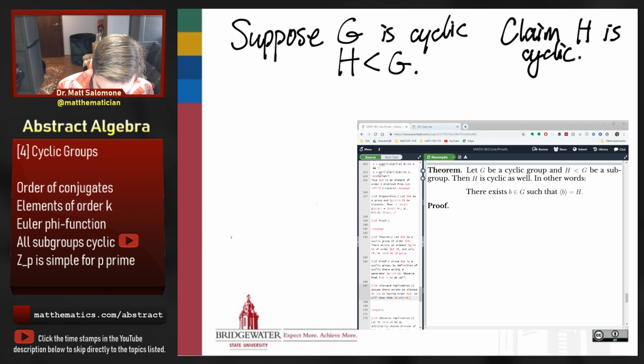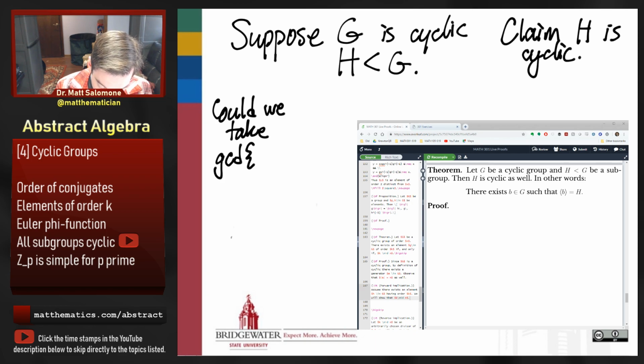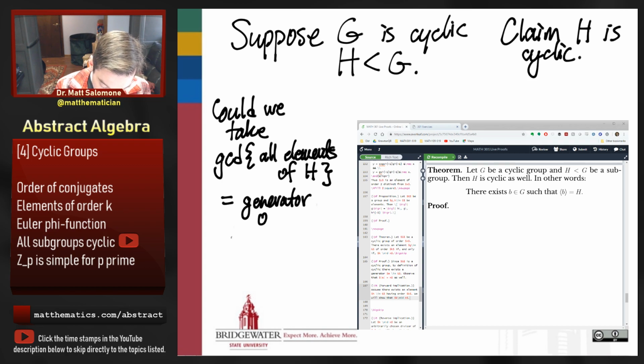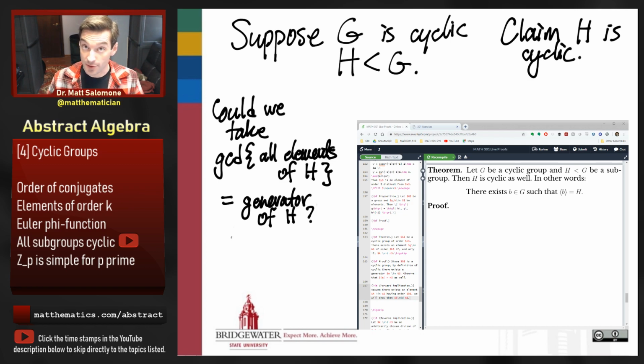Could we somehow take the GCD, the greatest common divisor, of all elements of H, sorry, and then make that thing the generator of H? That's actually the general strategy for how this proof unfolds.